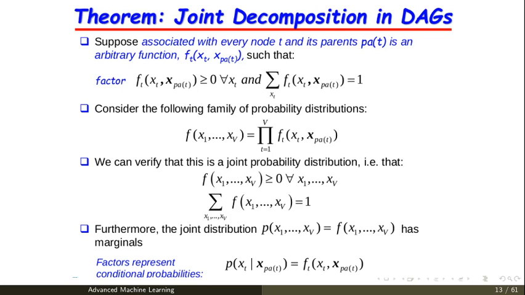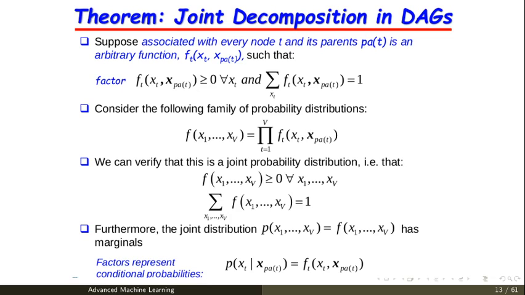I'm going to highlight the proof of the decomposition on directed graphs. Actually, the proof is trivial. Let's assume the following: associated with every node in the graph and its parents, we assign some arbitrary potential function, which I call f_t(x_t, x_parents of t).